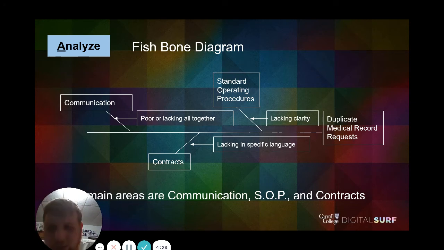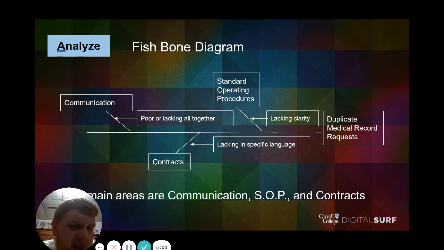Within those, we had a bunch of X data that supported them. For communication, a summarization of that was poor or lacking altogether. For standard operating procedures, they were lacking clarity.